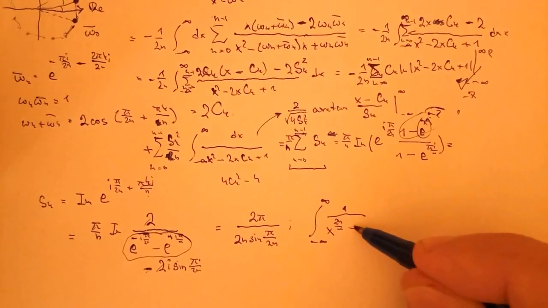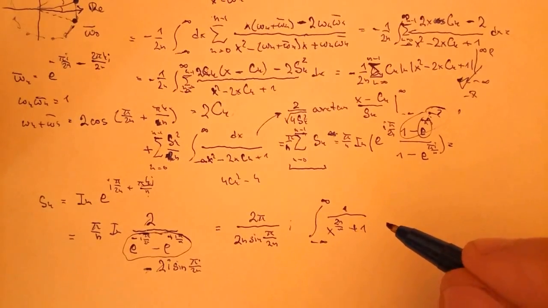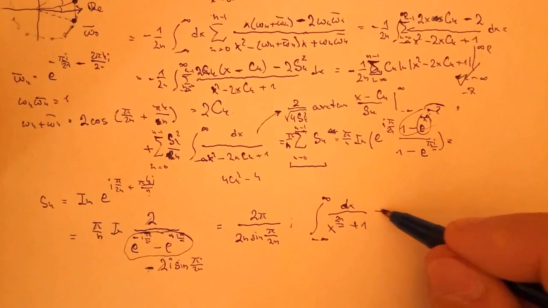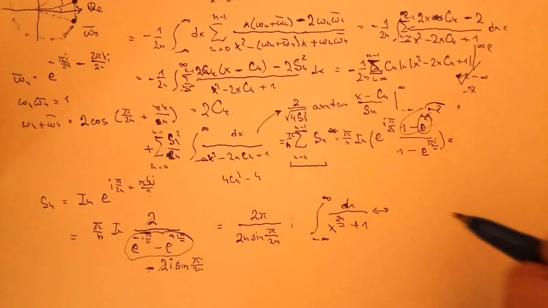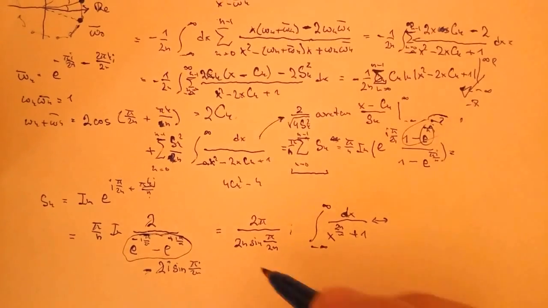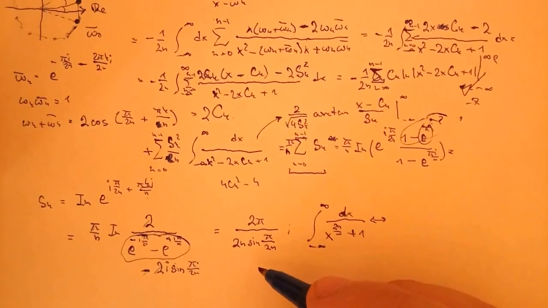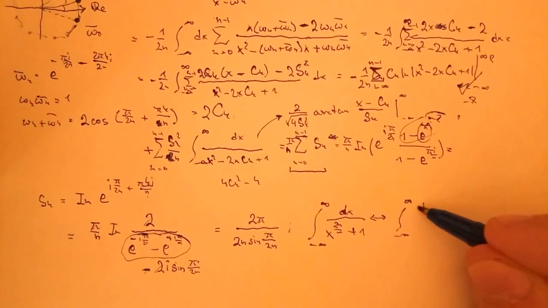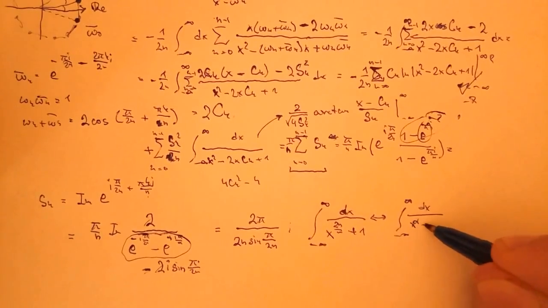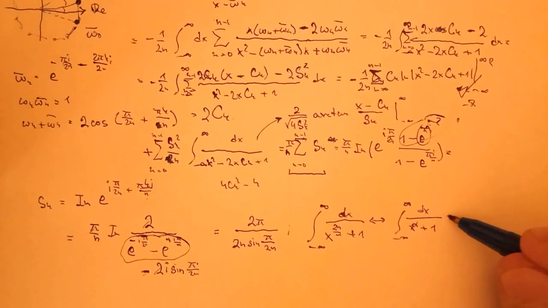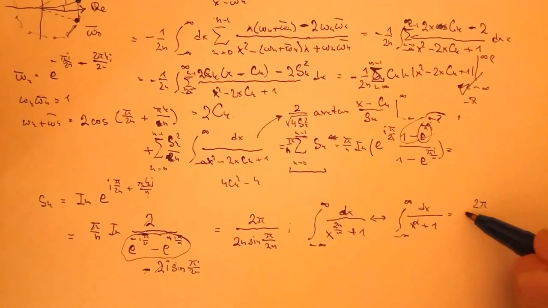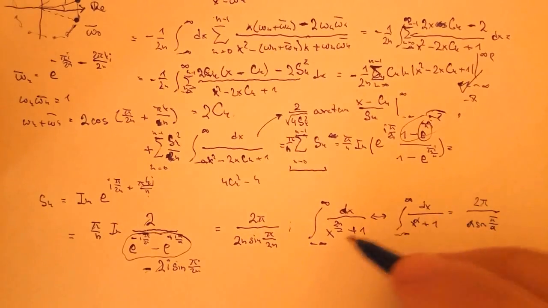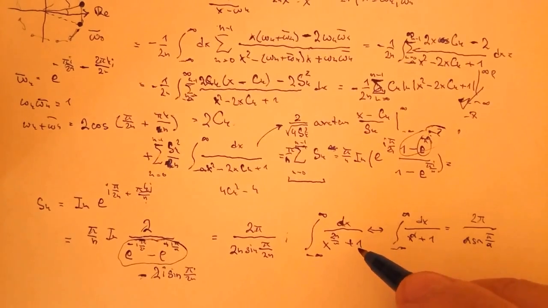This is a rational number, and this is a rational number, and then from continuity of this, it's straightforward to show that this result holds true for all real values alpha greater than 1, that the integral from minus infinity to infinity of dx over x to the power alpha plus 1, where alpha is greater than 1, is equal to 2 pi over alpha times sine of pi over alpha. This comes from continuity of this correspondence, and you can show this.